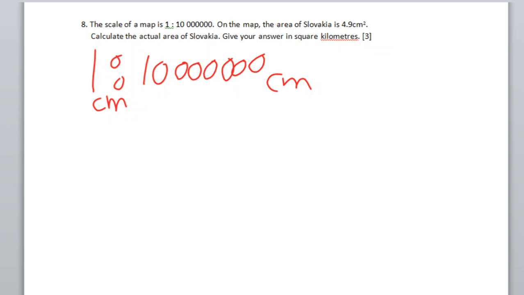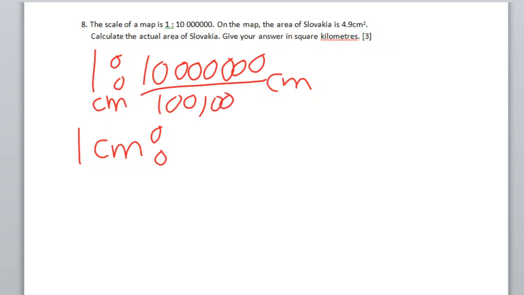So we need to change this ratio into a centimeter to kilometers ratio. So 1 centimeter will correspond to, divide this by 100,000 to change this into kilometers. So we will be left with 100 kilometers. Hmm, so 1 centimeter on the map corresponds to 100 kilometers of actual distance. So again we need the ratios of the area.